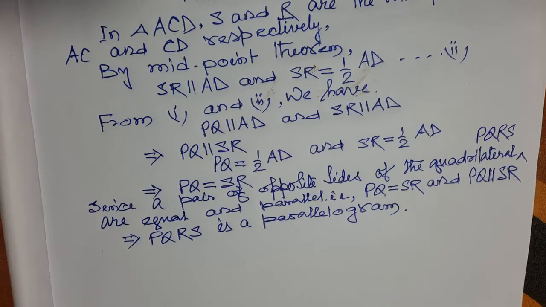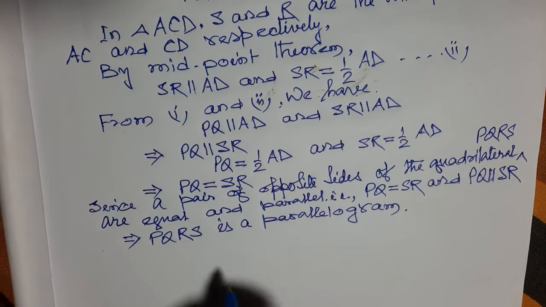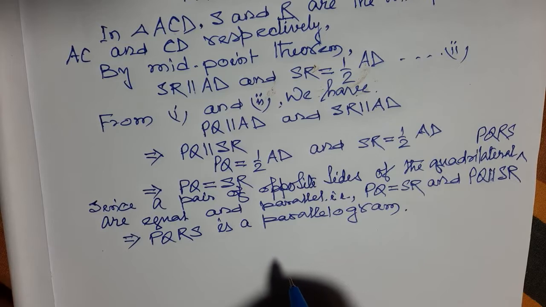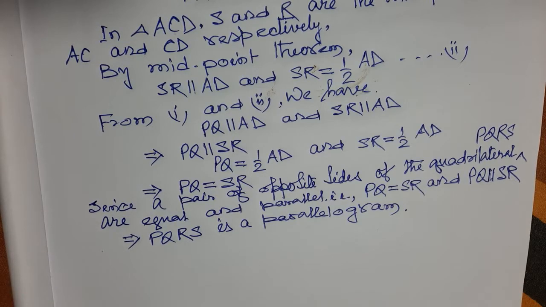So we proved that PQRS is a parallelogram, but we have to prove that PQRS is a rhombus. So we have to prove that in parallelogram PQRS, the adjacent sides of the parallelogram are equal.